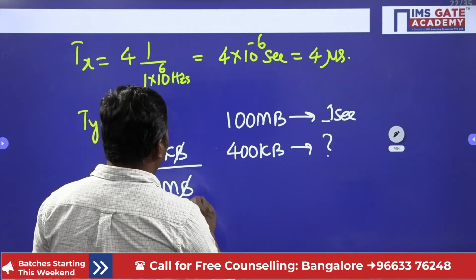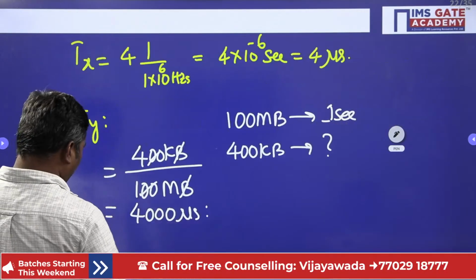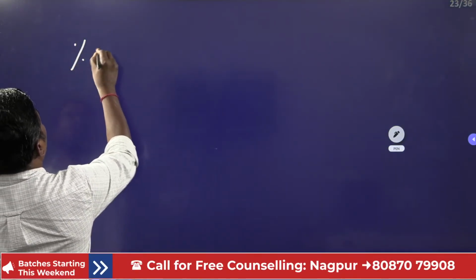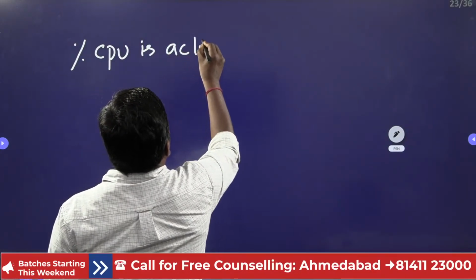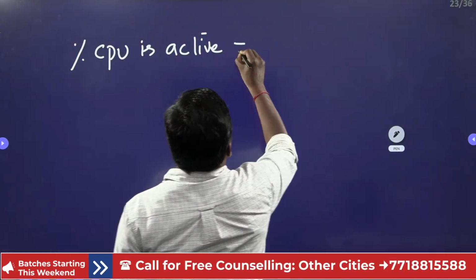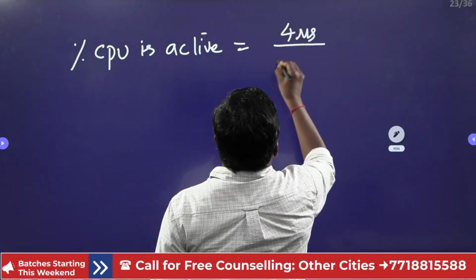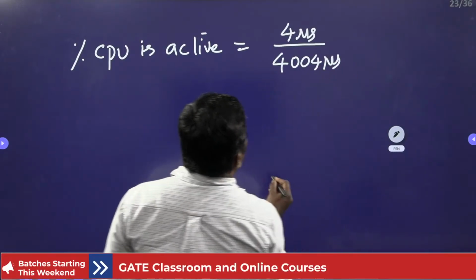I hope you understand this point. 4000 microseconds. Now see, the percentage of time the CPU is active or contributing to this process will be 4 microseconds divided by 4004 microseconds, that is 4000 plus 4.